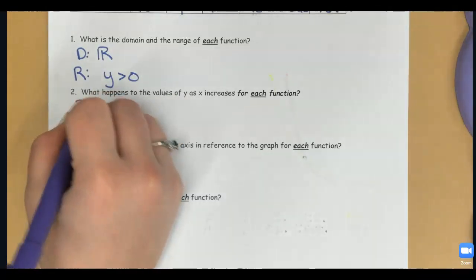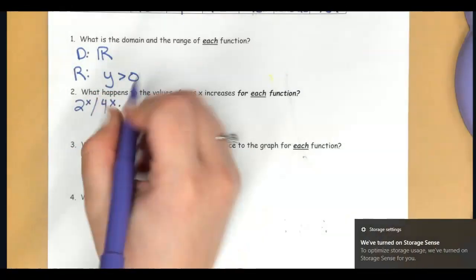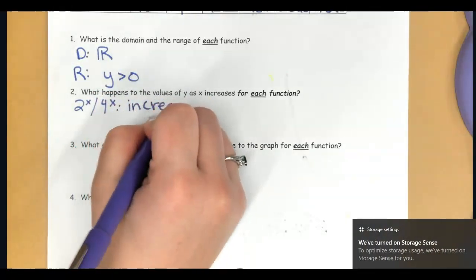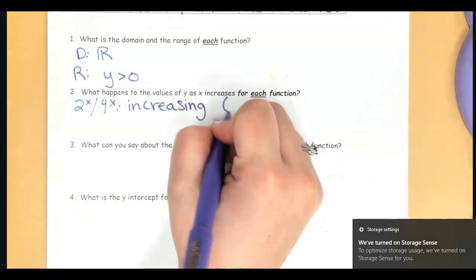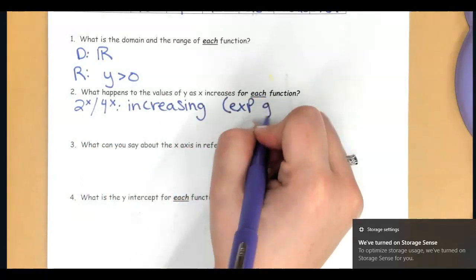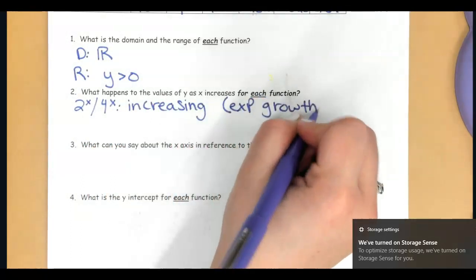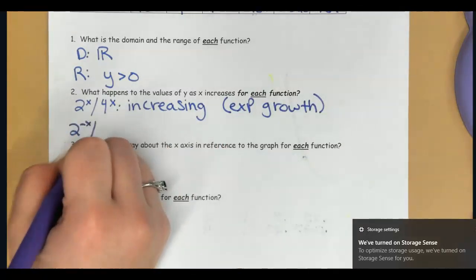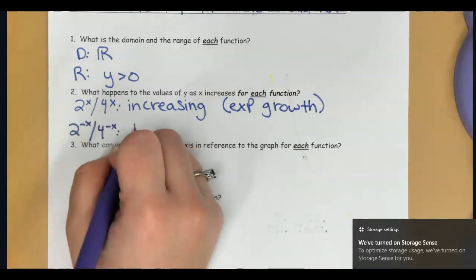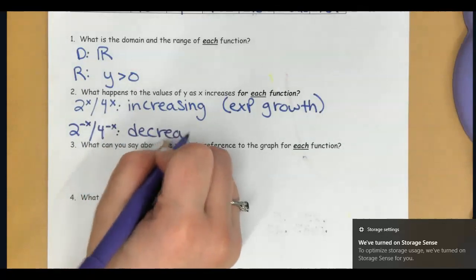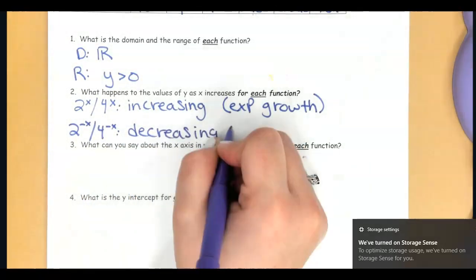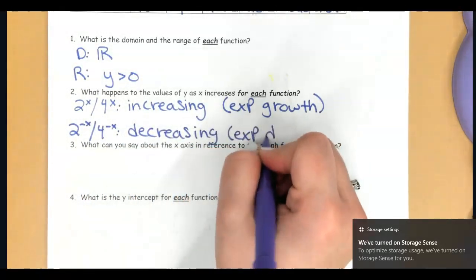Well, for 2 to the x and 4 to the x, our graph was increasing, which we called exponential growth. And for the other two, 2 to the negative x and 4 to the negative x, our graph was decreasing, which we called exponential decay.